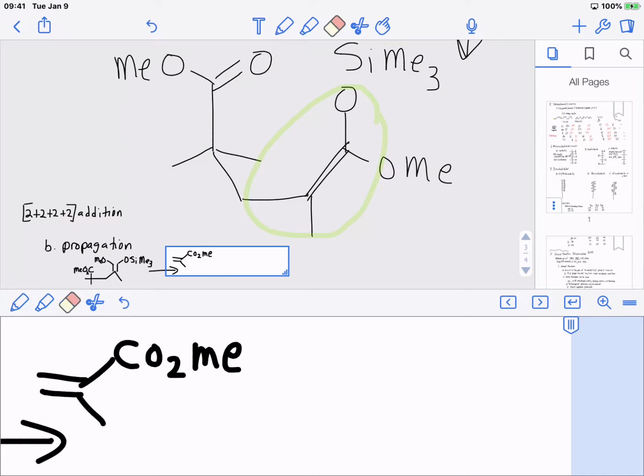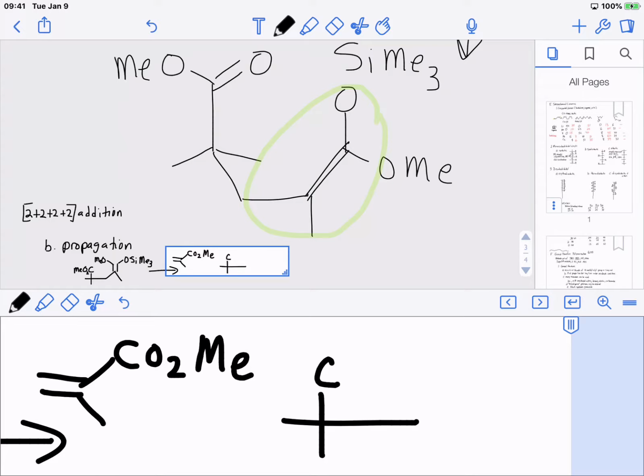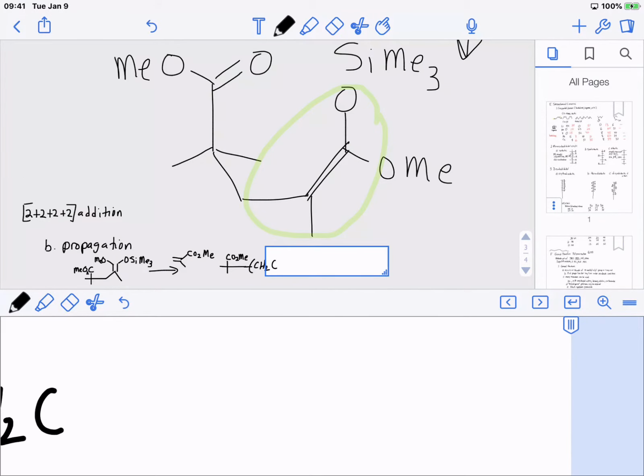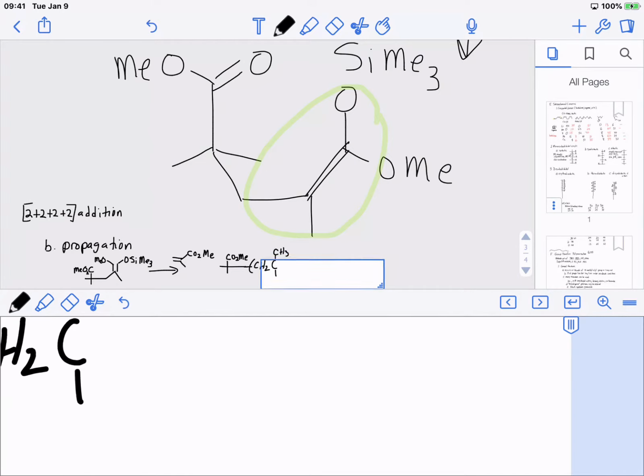Probably should make this bigger, like that. And you wind up inserting one or more methyl methacrylate groups in there.